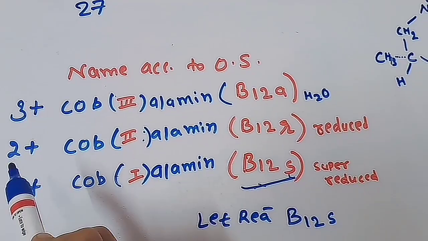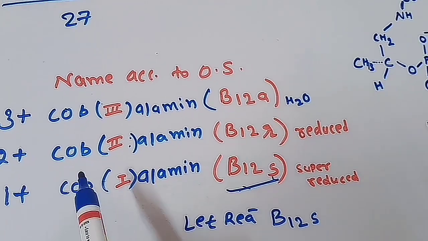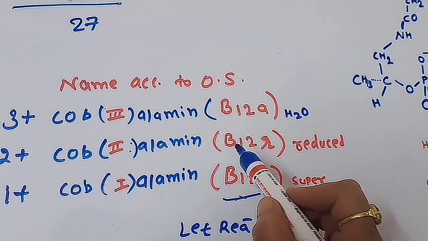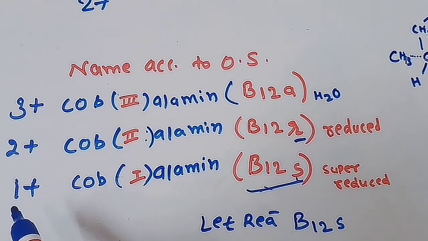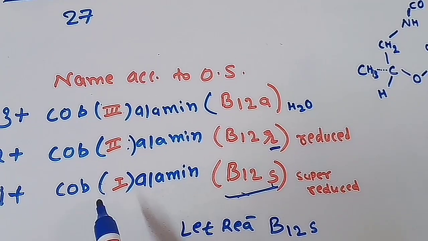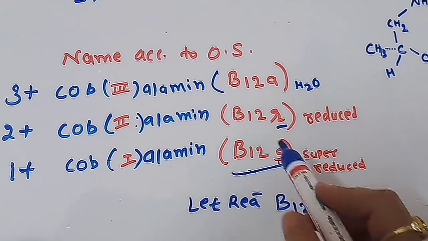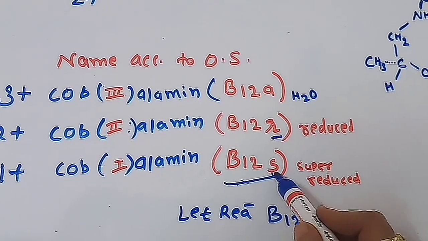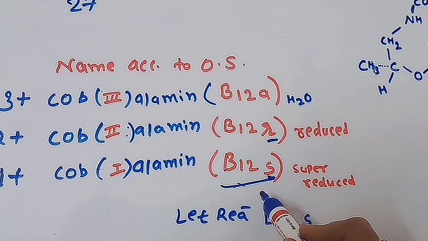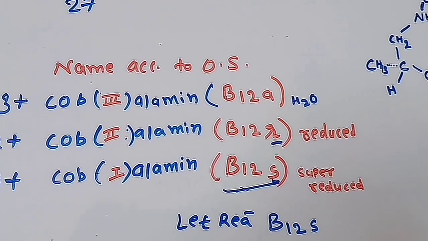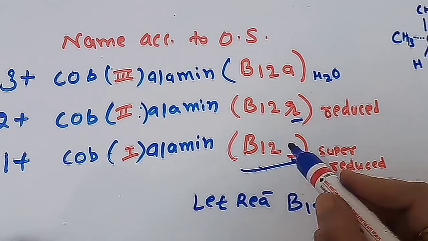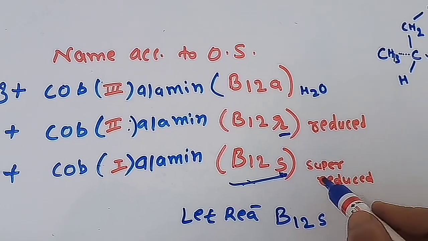Then if it is in the 2+ oxidation state, it is written as cobalamin B12R, R for the reduced form. And similarly for the +1 oxidation state, it is written as cobalamin B12S, for super reduced, meaning it takes one more electron and is converted to the super reduced state. Now B12S is a very reactive species.